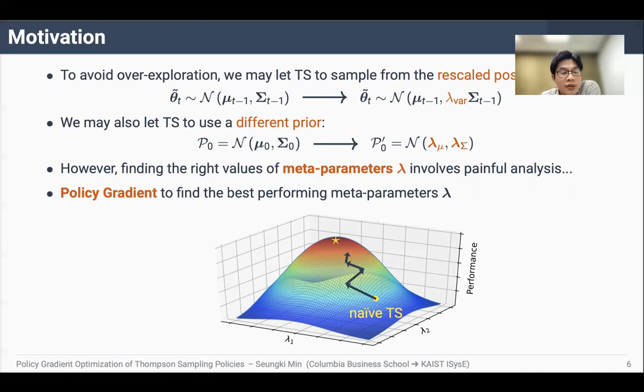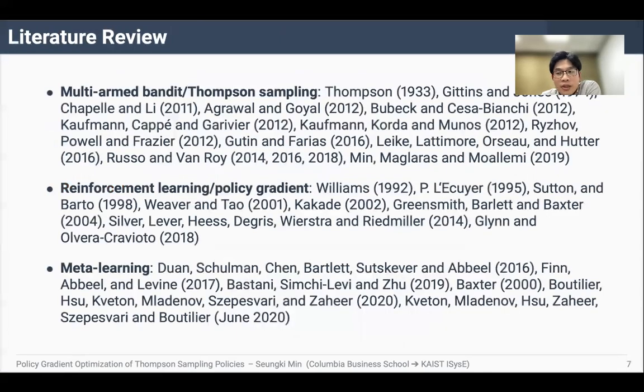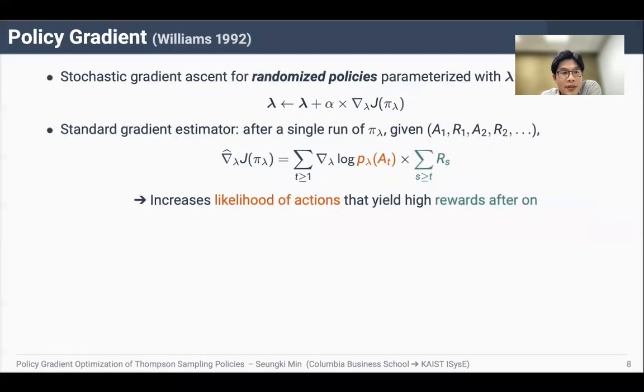So far, so good. Let me skip this literature part because of time limit. So the policy gradient is nothing but just a stochastic gradient ascent algorithm applied to these randomized policies. So at each policy gradient iteration, it is trying to update the values of this policy parameter lambda in a direction that can increase the performance of the algorithm.